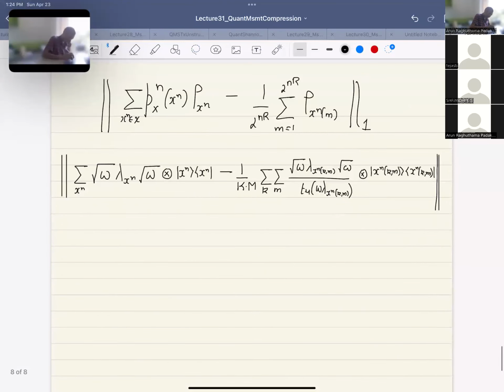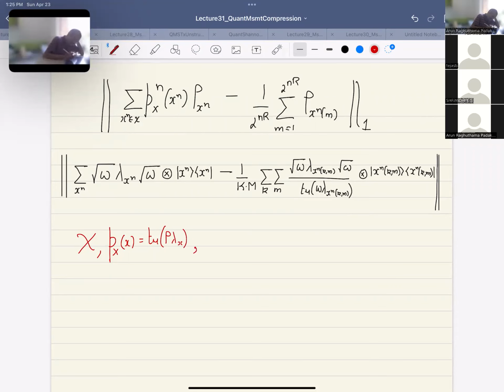Why is that? Let us define. There's a rho. So instead of rho, I'm going to define mu. Okay, so what is mu x? Mu x is the following. So I have a set x. Same set x. I'm going to define my distribution px, px of little x, to be trace rho lambda x. This is my distribution. Okay.